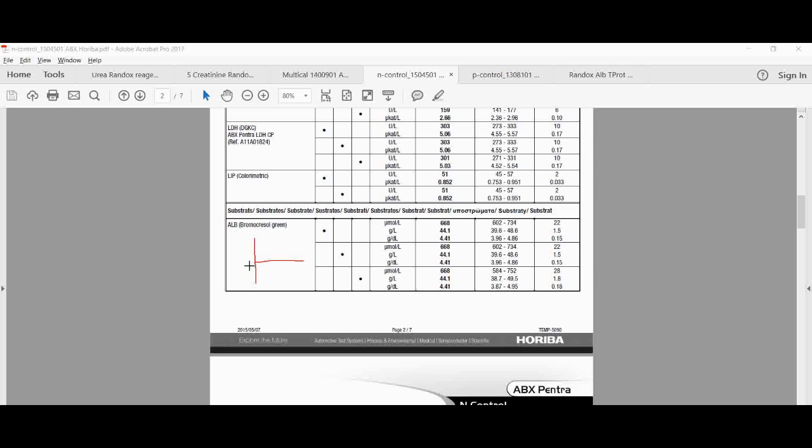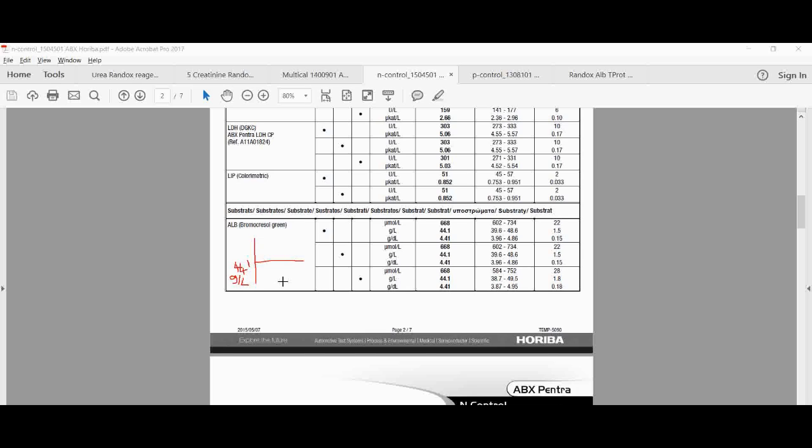Then your mean is 44.1 grams per liter. The units are very important.